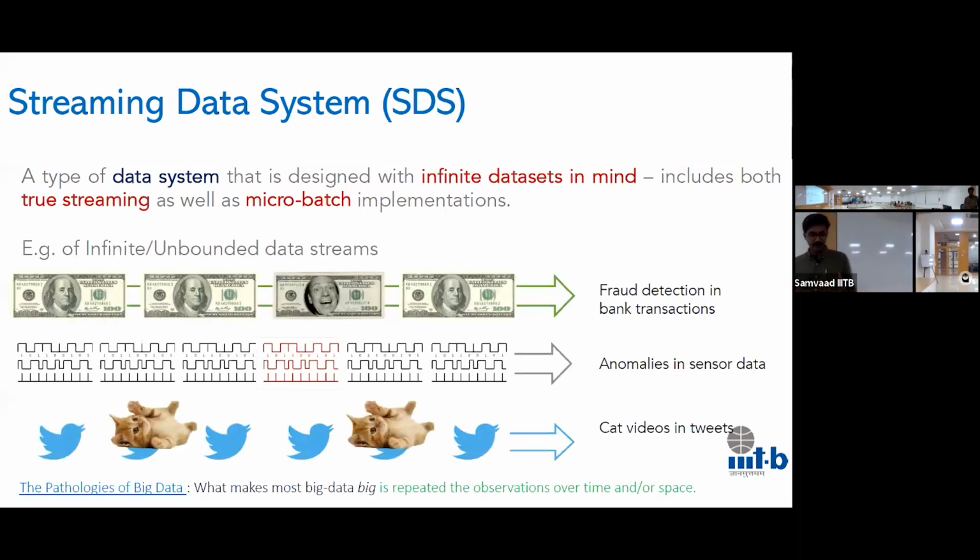Talking about infinite data, it can be in the form of streams. When we talk about streams, it generally comes with a timestamp. It can be some transaction-related data, and we are supposed to do some analytics on the data. It can be fraud detection on bank transactions, and also data coming from different IoT sensors.